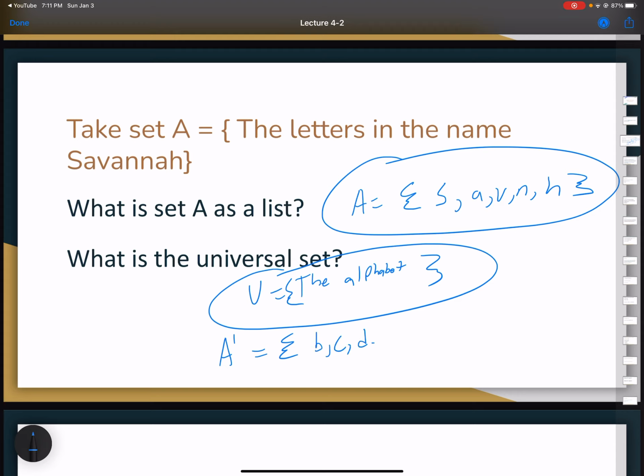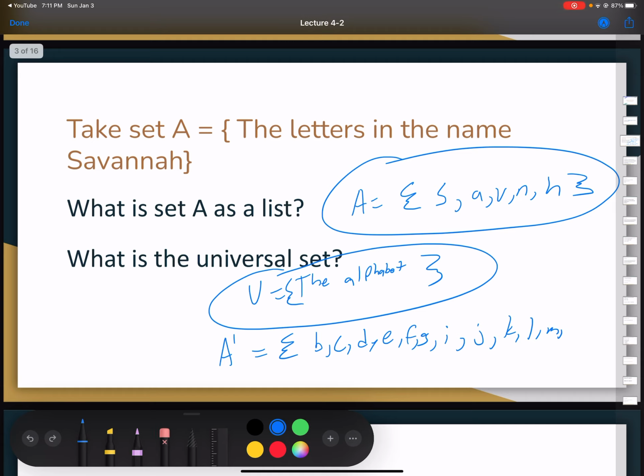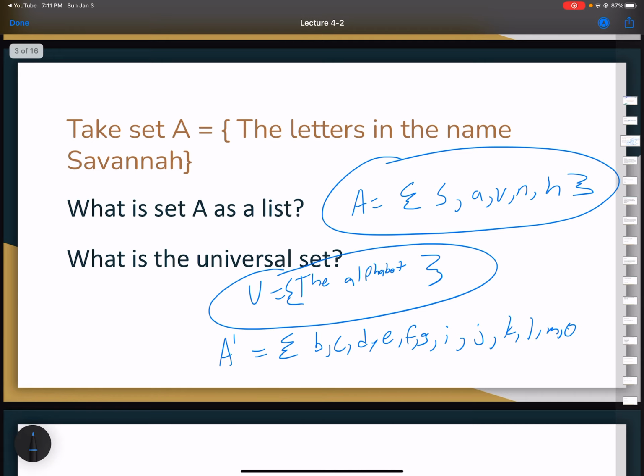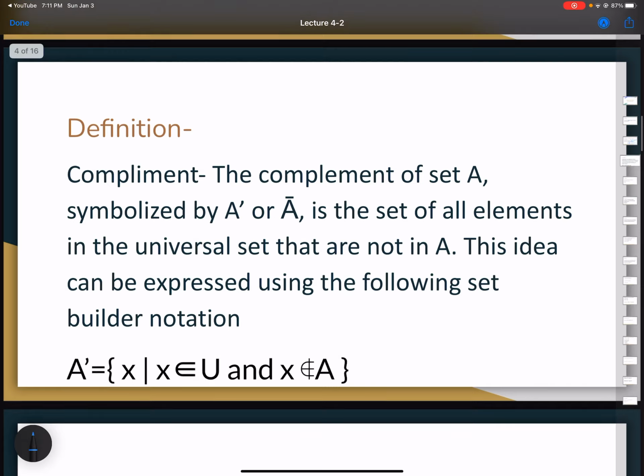B, C, D, E, F, G, H is, but I isn't. I, J, K, L, M, N is in her name, but O isn't. And so on. You get the gist of it. All the letters besides the ones that are in the set. And that is how we define the complement.